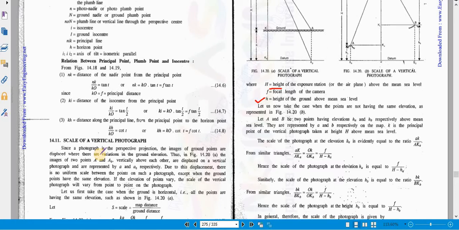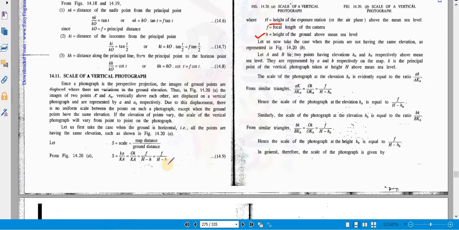It is given by the formula small f by capital H minus small h, where f is the focal length of the camera, capital H is the height of the exposure station from the mean sea level, and small h is the height of the ground from the mean sea level.